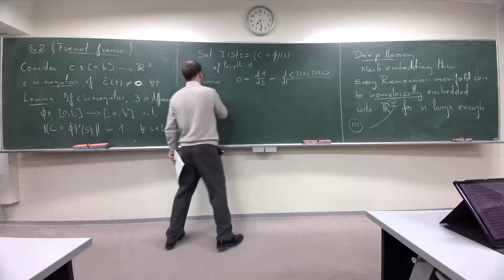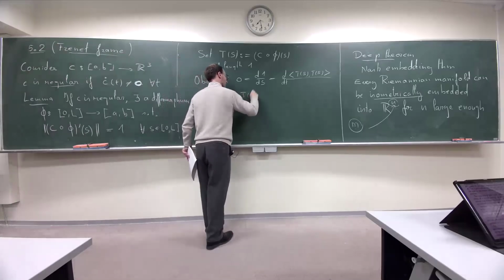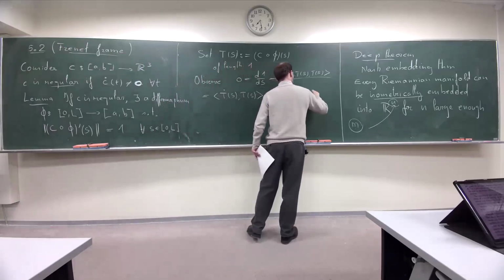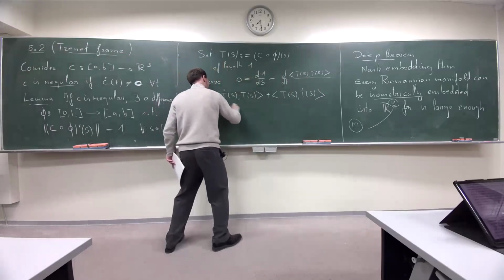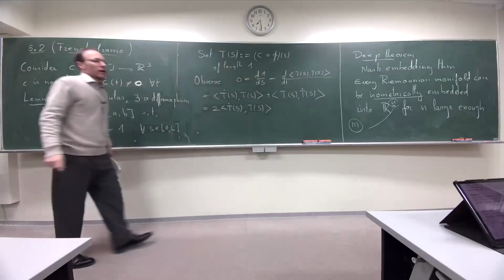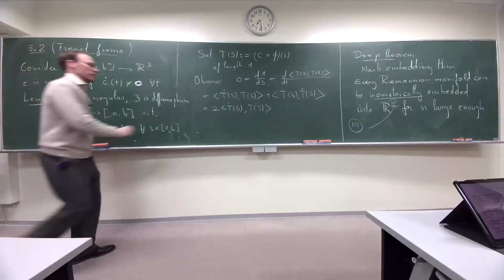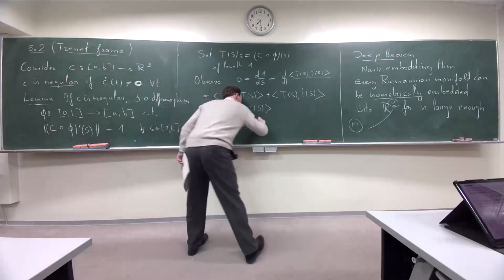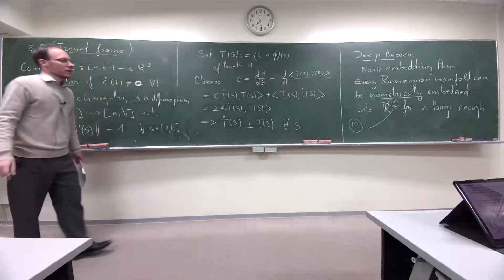And the derivative of a scalar product gives T dot of S times T of S plus T of S times T dot of S. Dot is always the derivative. Because everything is real, it's 2 times the scalar product. What does it imply? T dot is perpendicular to T, because the scalar product is 0. T dot of S is perpendicular to T of S for any S. This is a standard computation.